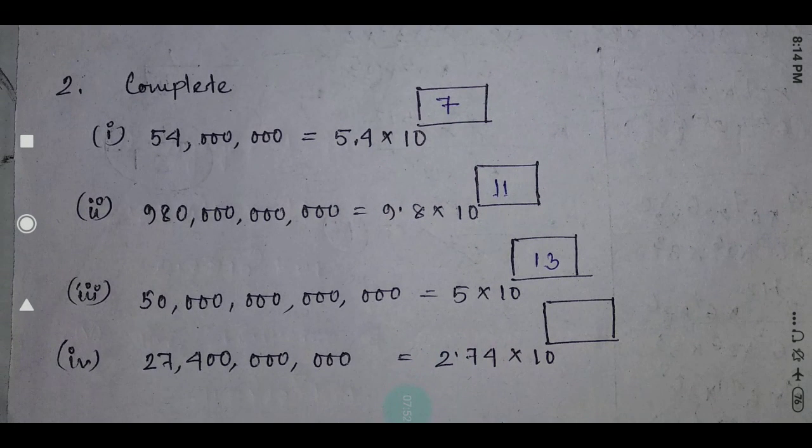Now see the second number, complete. Here you have to write the number in the form of scientific notation. It is given 54, then after that, how many zeros? 6 zeros are there.